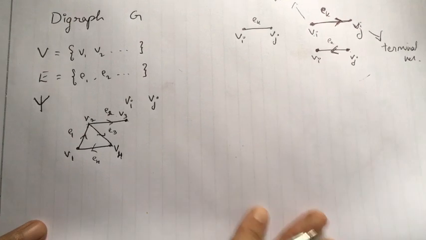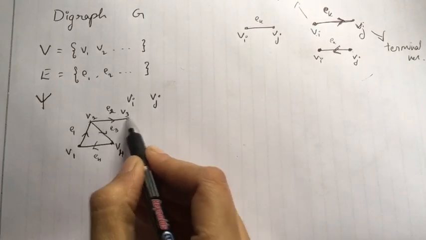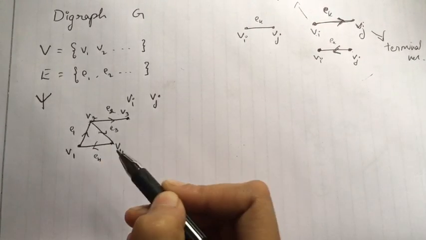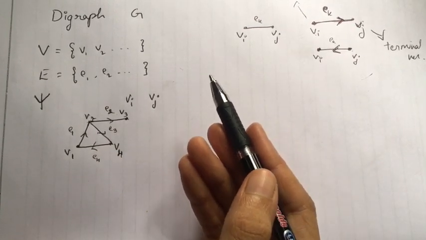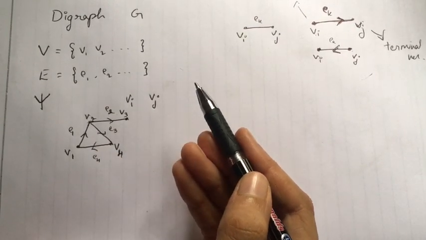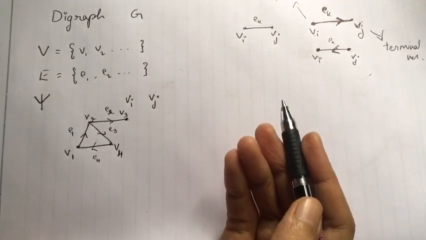The number of edges incident out of a vertex is called out degree or out valency, and the number of edges incident into a vertex is called in degree.